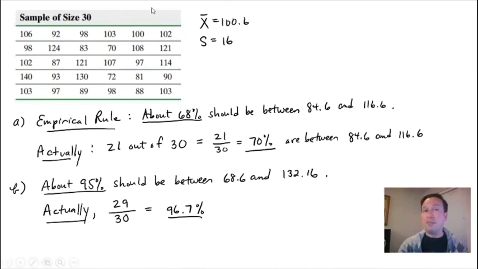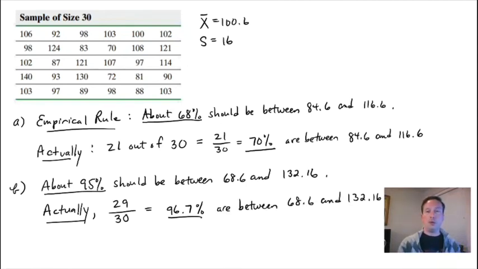If you count up the data values in your data set that are actually between these two numbers here, 29 out of the 30 are between 68.6 and 132.16. 29 out of 30 is 96.7%. Compared to 95% in the empirical rule, again, very good estimation.